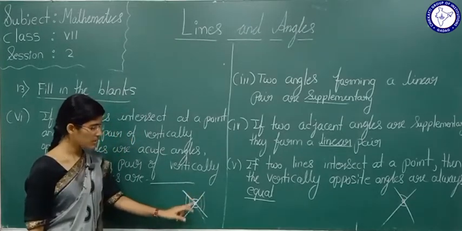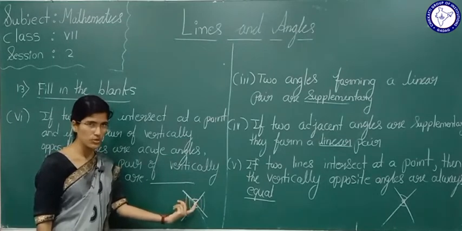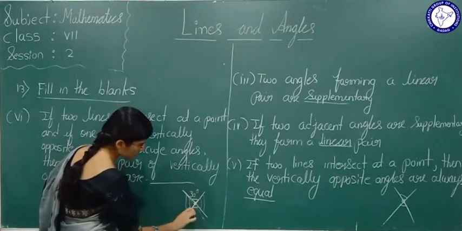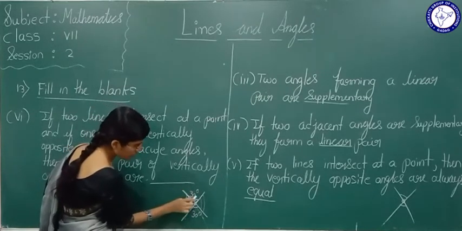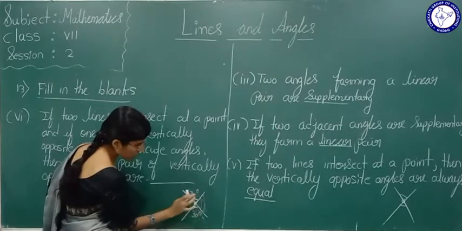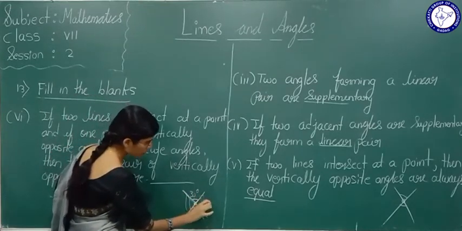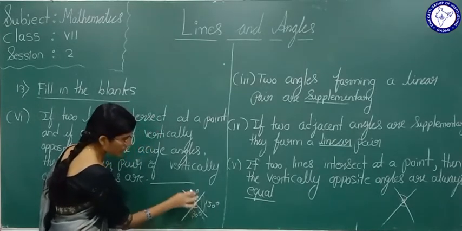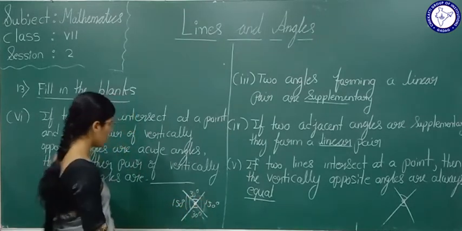If this is an acute angle, what about this pair of vertically opposite angles? Now think here students, suppose here 30 degrees, this is also 30 degrees. Now the full pair will be 180 degrees, right? Now this will be 150 degrees, this will be 150 degrees. If one pair of angles are acute angles, the other pair of angles will be obtuse angles.